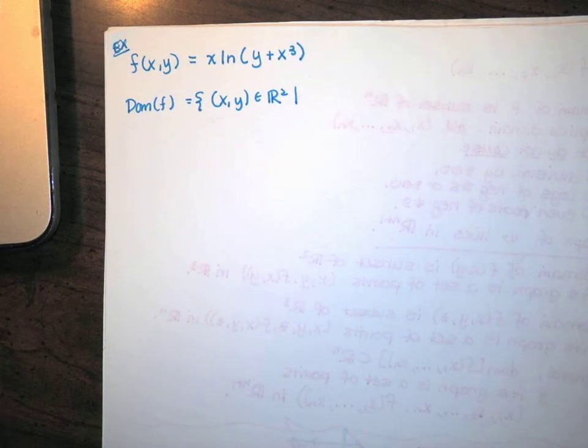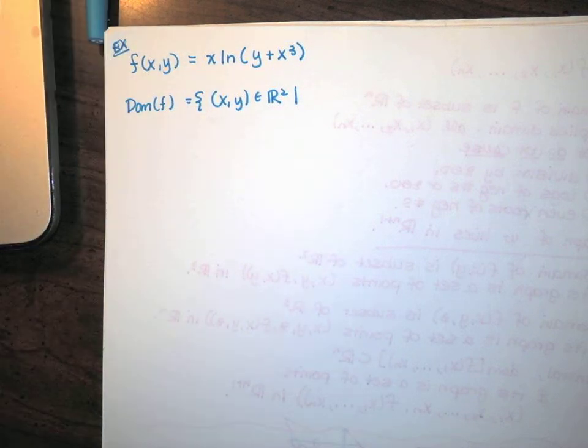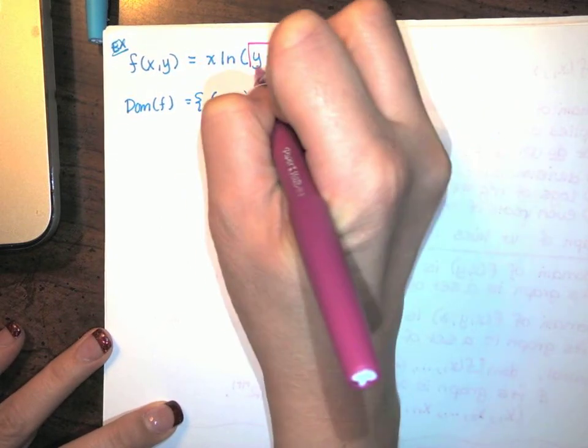And we have to rule out any xy pairs that cause division by 0, even roots of negative numbers, and logarithms of negative numbers or 0. Now notice, this time I don't have any division, I don't have any roots, so the only issue is that logarithm.